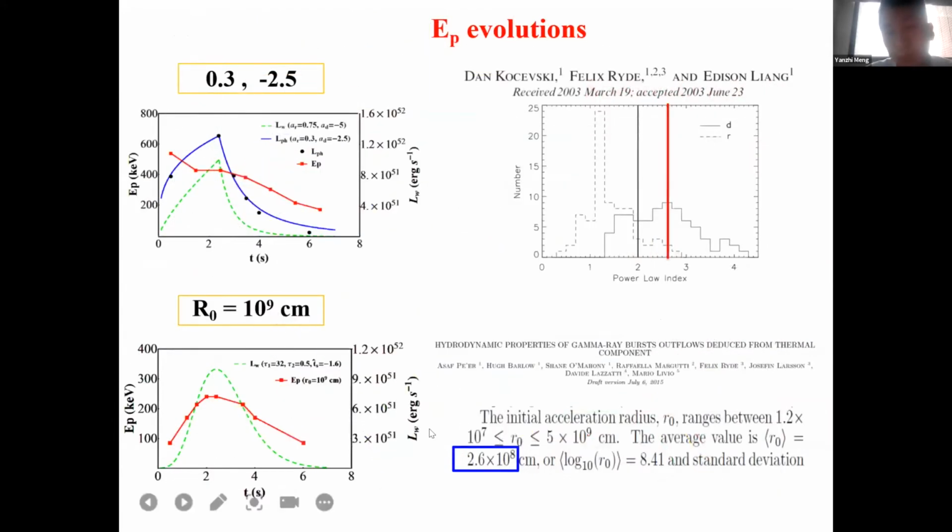Also, after considering the initial acceleration radius to be much larger, just as the reduced values in Asaf's work in 2015, we find that the observed evolution of Ep can be well reproduced, just as in the left two panels.